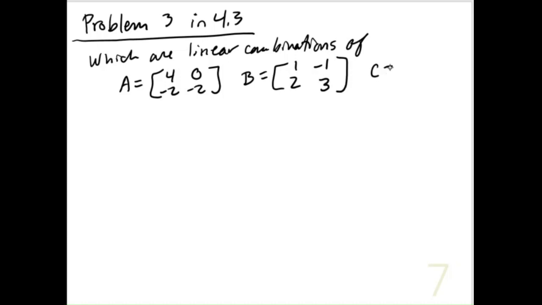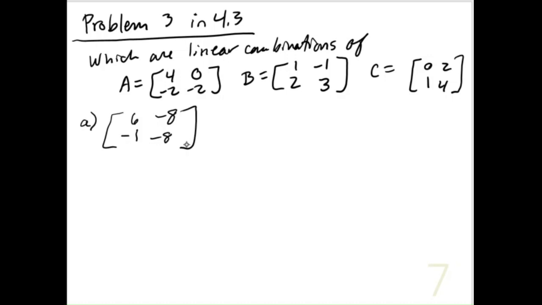And then C is 0, 1, 2, 4. In part A, the first part, they're asking: is this matrix 6, -1, -8, and -8 a linear combination of those three matrices above?